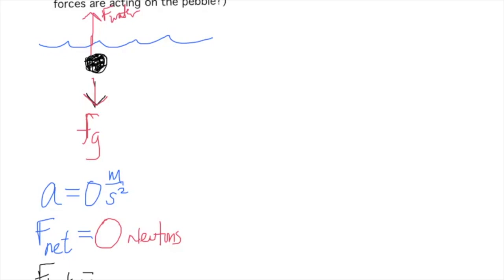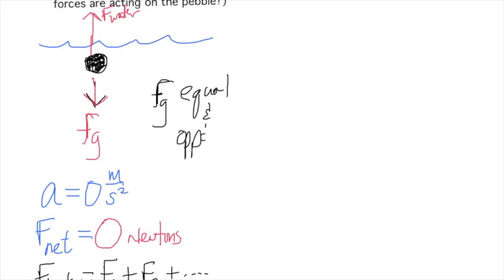And if the net force is all of the forces on an object added up, that means in this particular case that the force due to gravity, or the weight of this pebble, is going to be equal and opposite to the force due to the water. Those things are going to be equal and opposite. So my force due to gravity is going to be equal and opposite to the force due to the water.